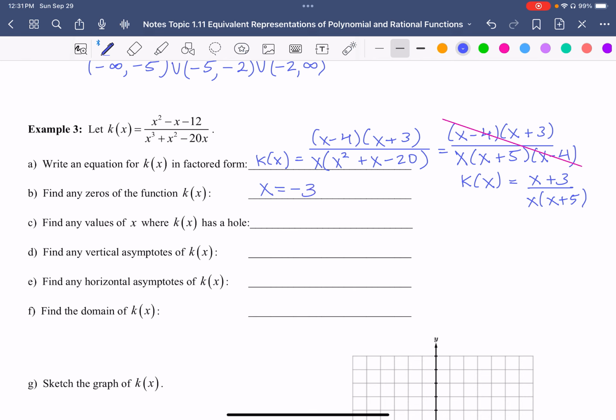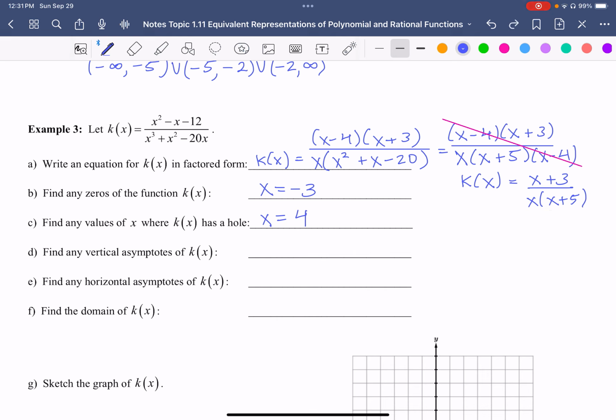Find any values of x where k of x has a hole. Because I canceled out this common factor in the numerator and the denominator, I would get a hole at x equals positive 4. The vertical asymptotes are what you get after you cancel out the hole, whatever is left over in the denominator. We have x times x plus 5.